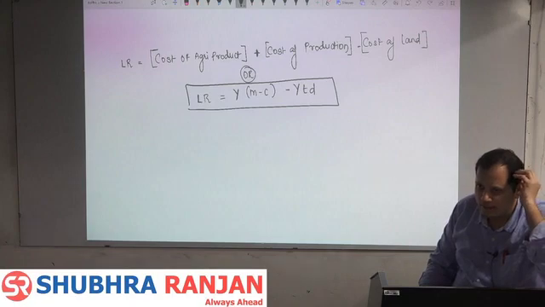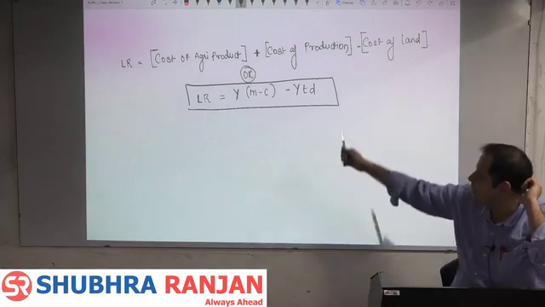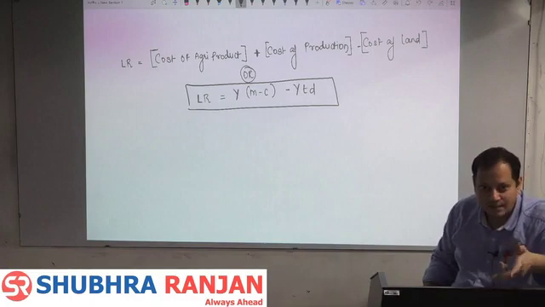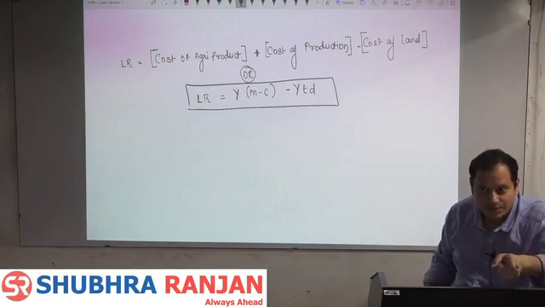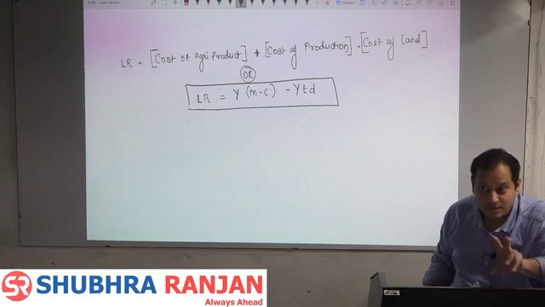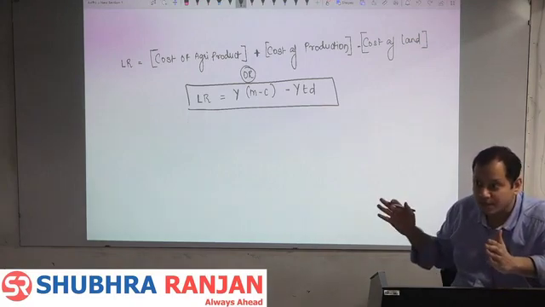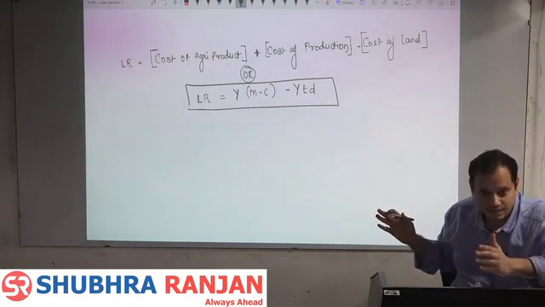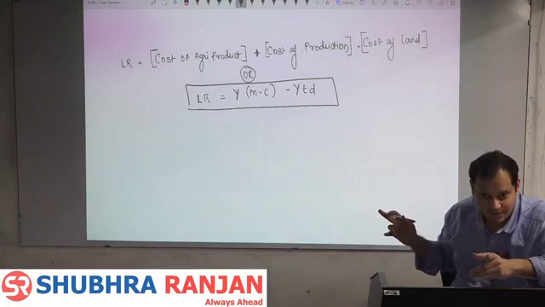LR is Y, that is yield upon market में जो price मिल रहा है minus cost of production, fine, minus Y yield कितना है आपका upon transportation cost into distance. If the yield is less, distance अगर ज़्यादा है then also the transportation cost will be less because transportation cost depends upon tonnage per unit कितना वजन है. Getting it? Understanding?